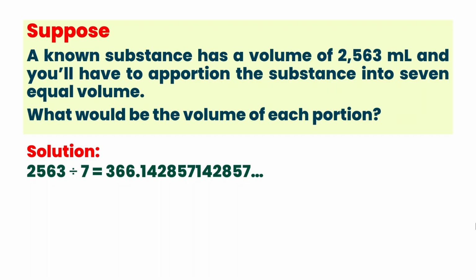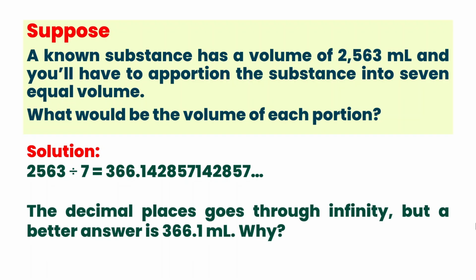If we really write all the numbers, it is impossible to present them all because this is repeating and non-terminating. The decimal places go through infinity, but the better answer would be 366.1 milliliters. Why? Because we're following the rules for significant figures.